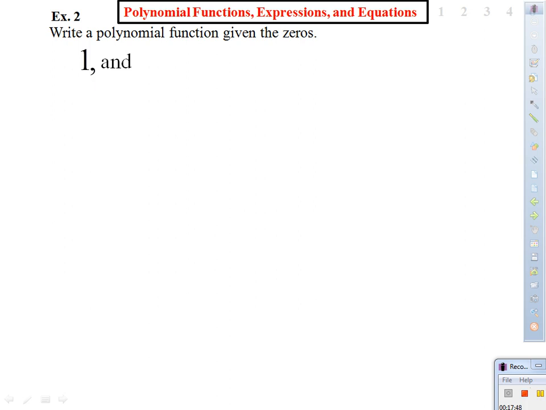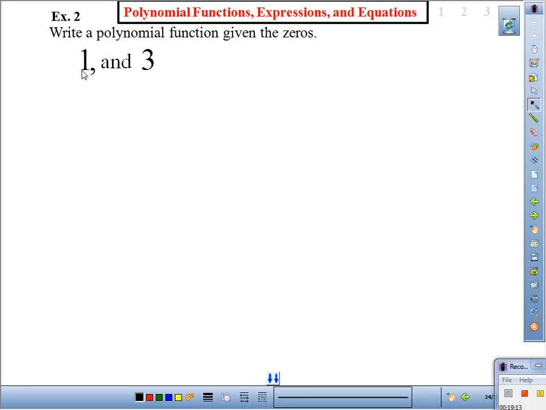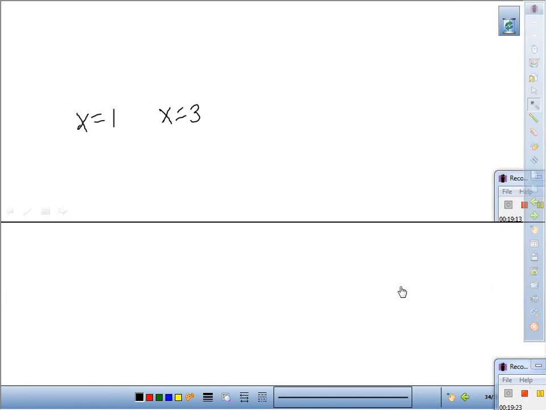So stay focused, please, because I'm going to be asking you questions for you to be thinking as I go along. You'll copy the whole thing at the end. Here it goes. This is saying that these are my zeros. That means it's x equals 1 and x equals 3. Do you agree with that? Yes.